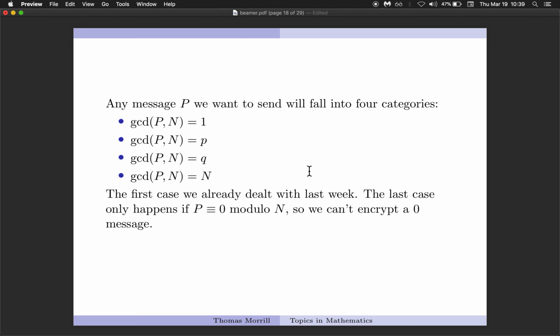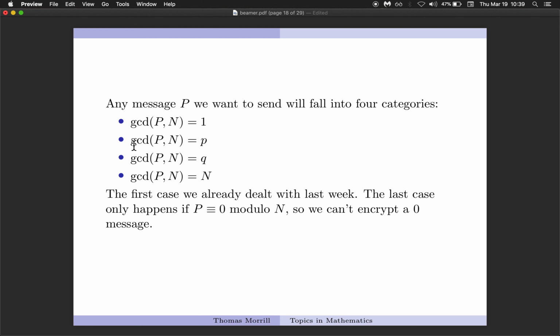And since 0 to any exponent is still 0, I cannot send 0 as a message. So there's a single message in this space that I cannot actually encrypt this way. So we can just promise to ignore that one and never attempt to send 0.